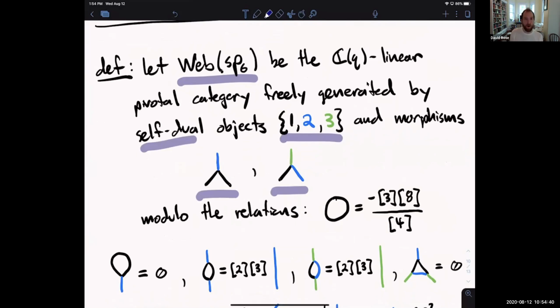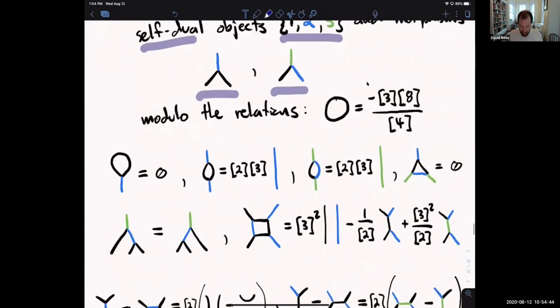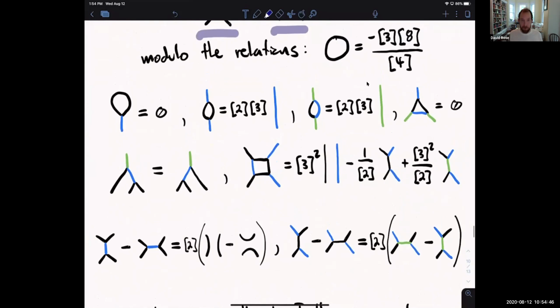Somehow this is like 1, 1 goes to 2 and 1, 2 goes to 3. And then modulo some list of relations. So it's a little longer than before. I think you'll expect the number of relations to grow as the number of generators grows, but still something that can fit on one screen. So here it is. This category was exactly invented just by following steps 1 and 2 that I outlined earlier.